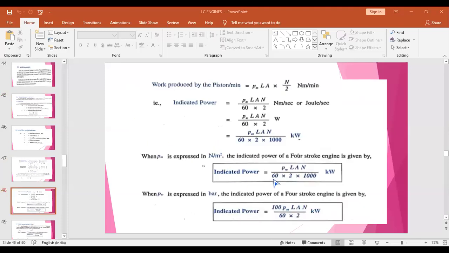Below that, write down indicated power equal to PM LAN divided by 60 into 2 into 1000 kilowatts, for a four-stroke engine.